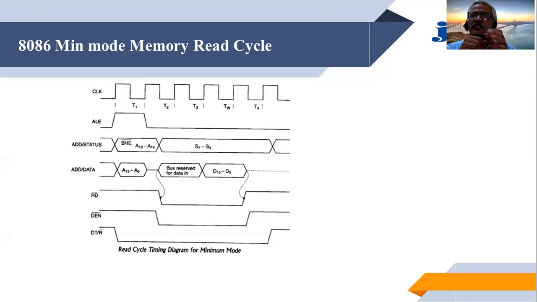And the bus itself then goes into the tri-state. As can be seen here, during the T2 state, the address will be put onto the address bus, and afterwards the bus will go into the tri-state.